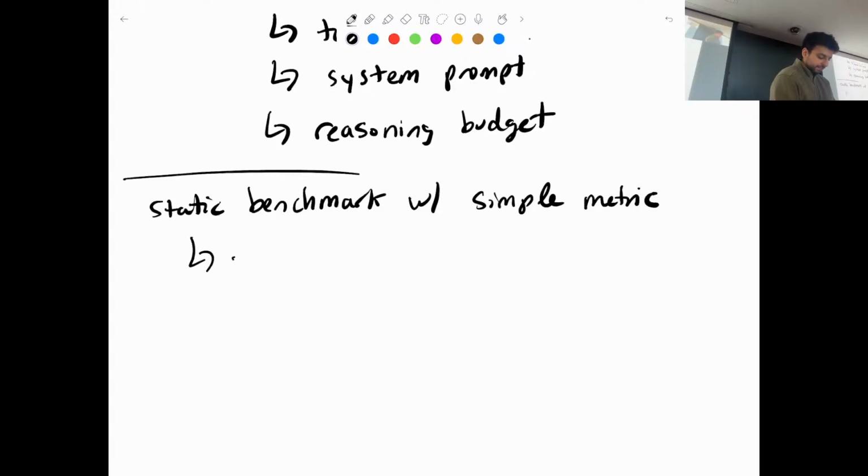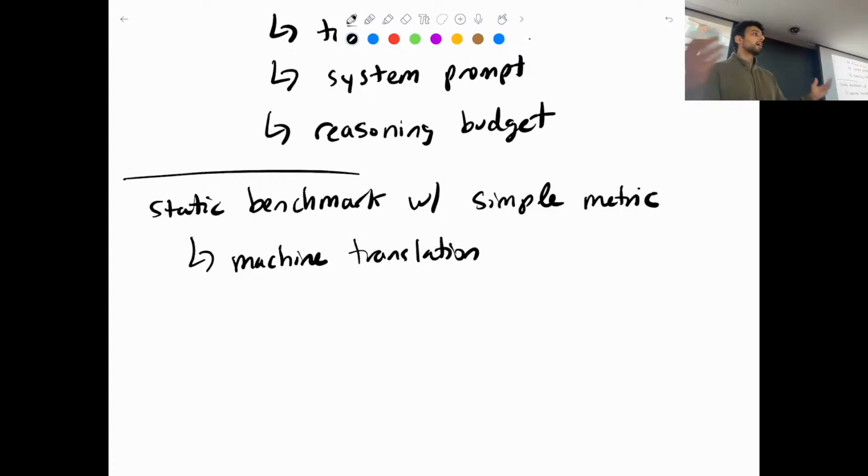Specifically, we'll talk about machine translation, which is actually the task that gave rise to LLMs. A lot of the development of ChatGPT is directly traced back to things that were created to improve machine translation.